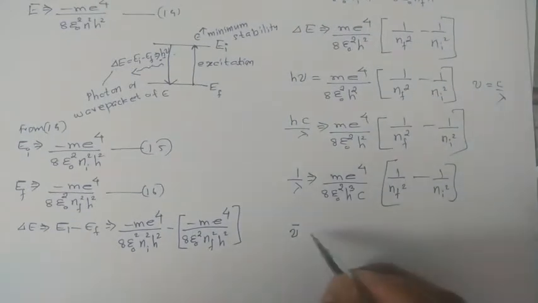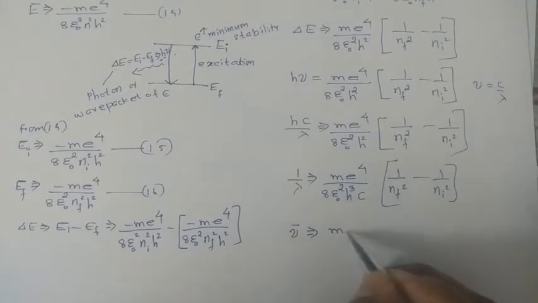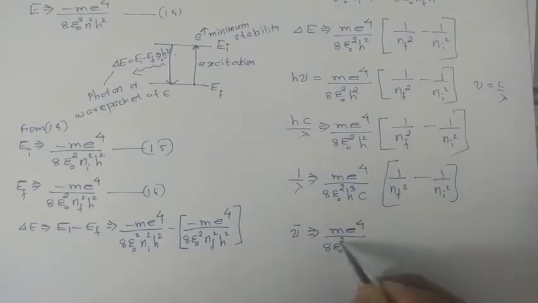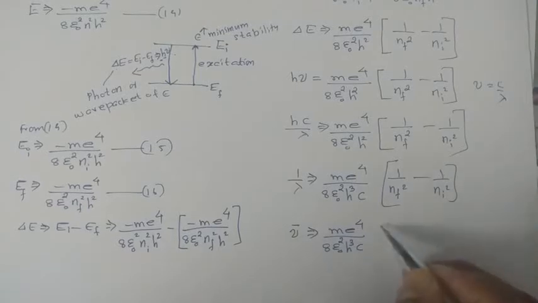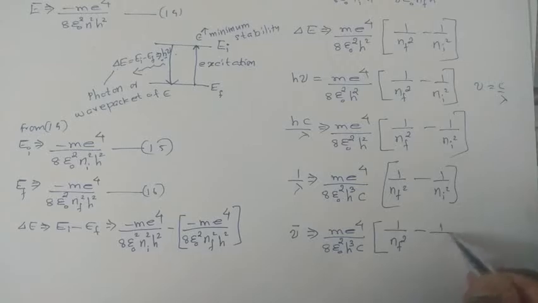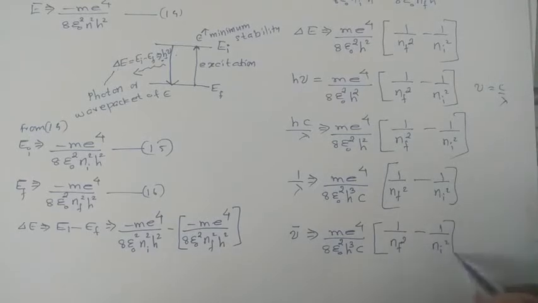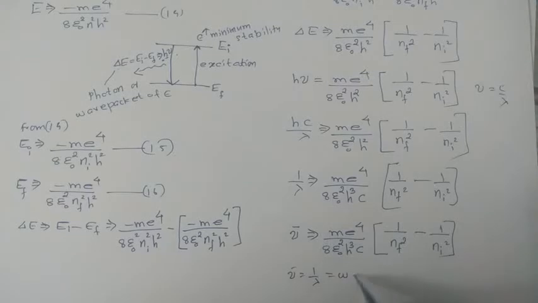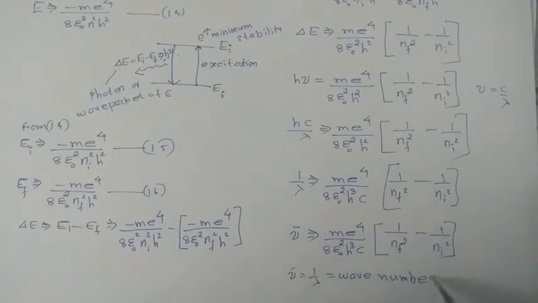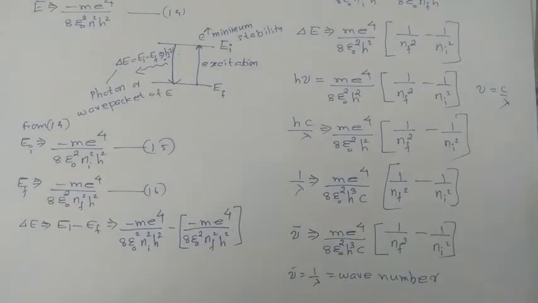Okay, so nu bar is equal to m e⁴ divided by 8 epsilon 0 square h cube c into (1 by n_f square minus 1 by n_i square), where nu bar is equal to 1 by lambda, which is the wave number.